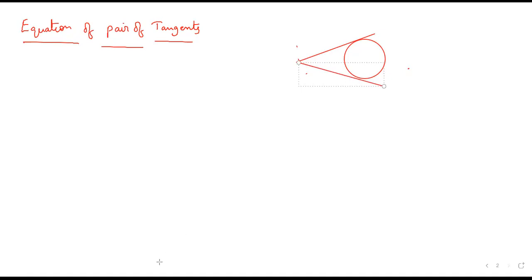From an external point, we can draw two tangents. We know how to find the tangent equation at a point on the circle, but here we are finding it from an external point. And of course, we are finding the pair of equations at a time, so you will get a second degree equation, which is nothing but a pair of lines.